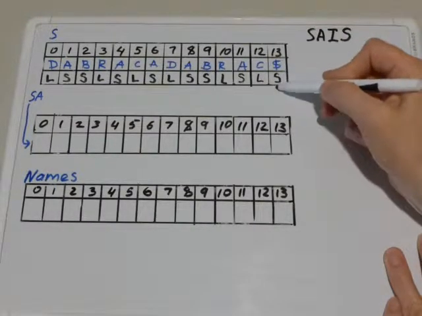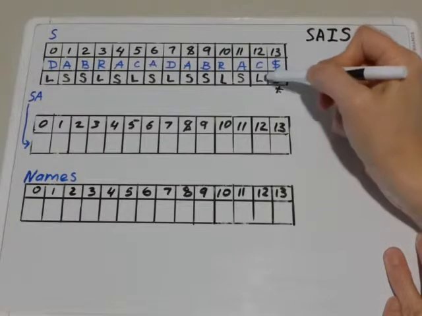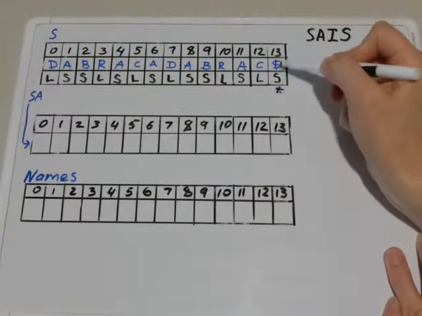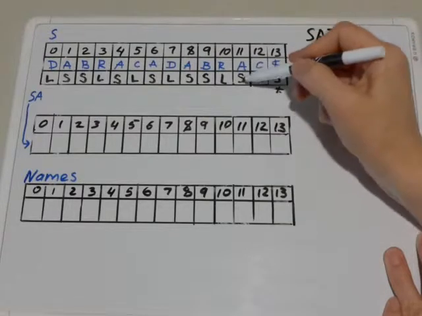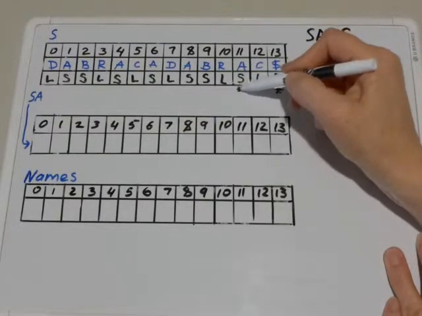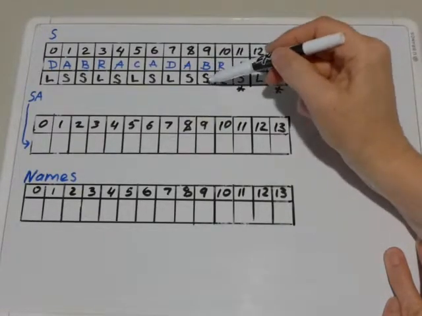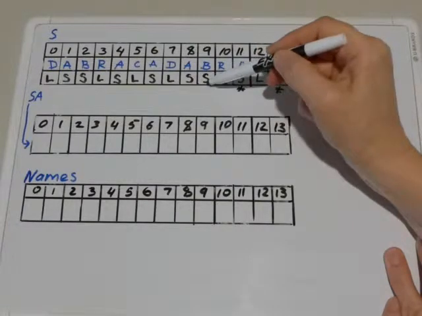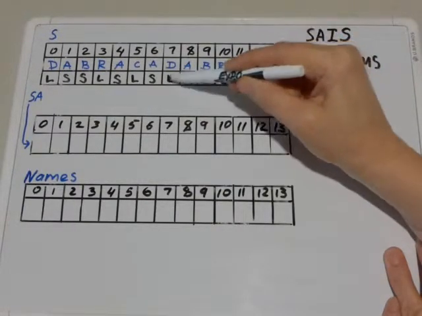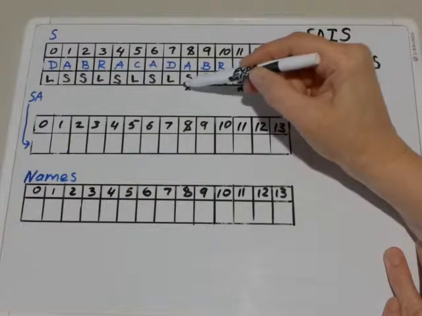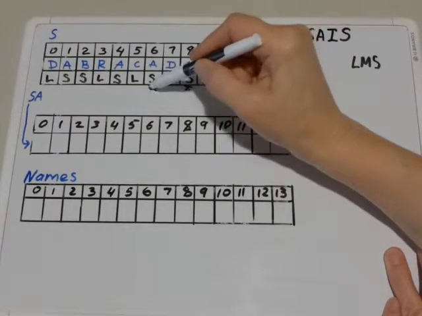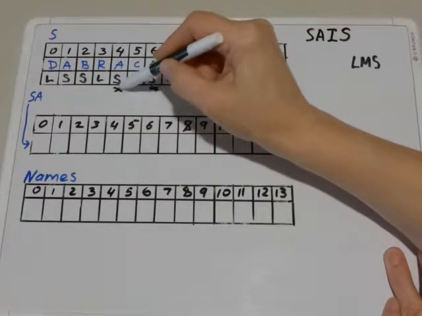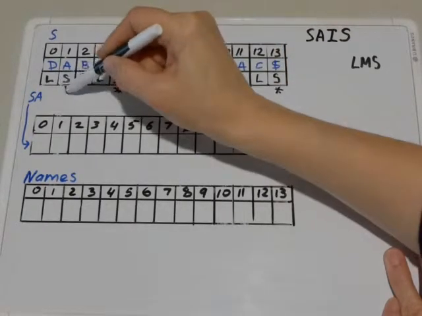So this is S type, and on the left of it we have L type, so this suffix at position 13 will be LMS type. S on the left is L, so LMS. S on the left is not L, so this is not LMS. S on the left is L, so this will be LMS type. LMS type, and LMS type.